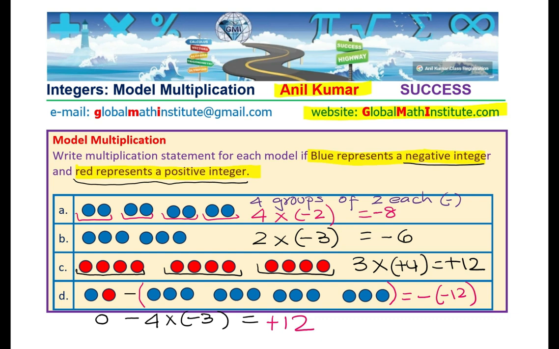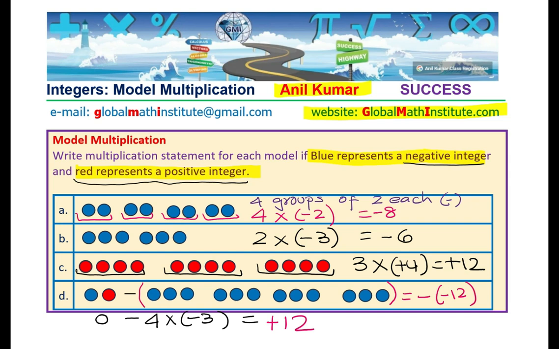We are doing reverse of negative 12, and that is how 0 take away negative 12 makes it positive 12. Correct? So that is how you are going to answer part D, which is slightly confusing, but I hope it makes sense. It is an extremely important concept which is going to help you in following videos.